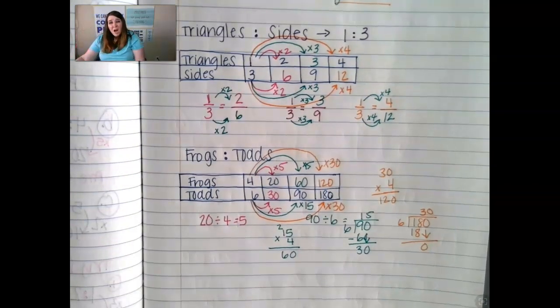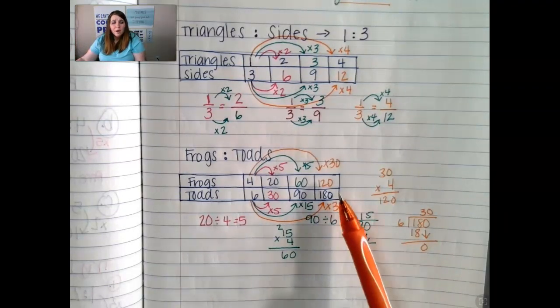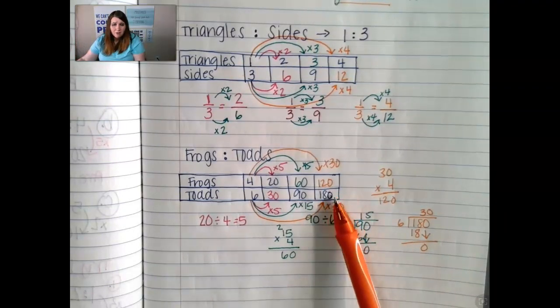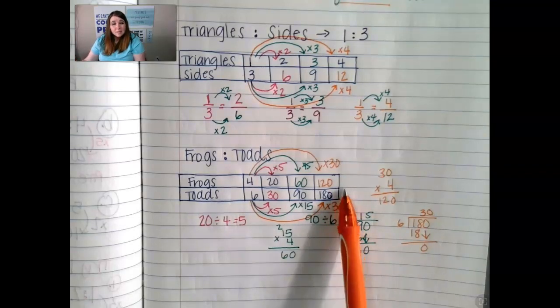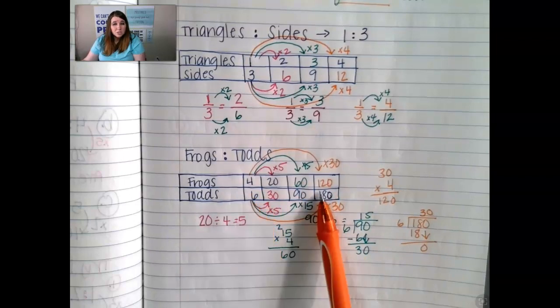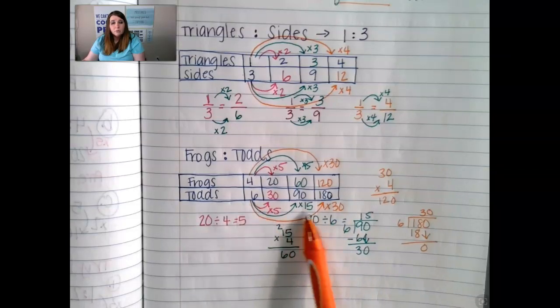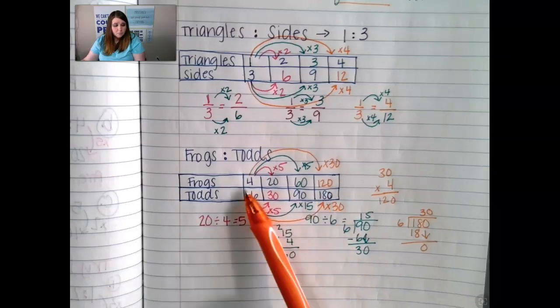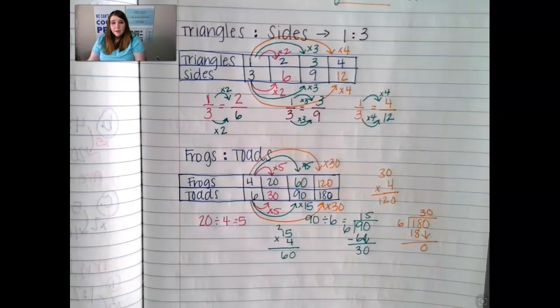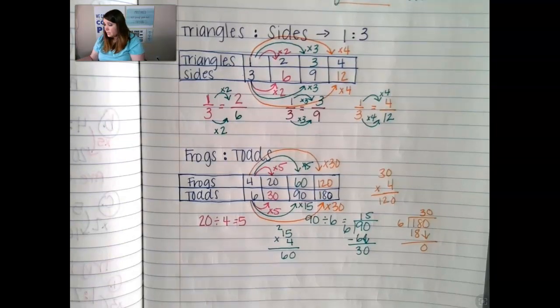So we have 120 toads when we have, or frogs when we have 180 frogs. This table right here helps us keep all of our information organized and allows us to just find equivalent ratios from here to here. Now, I could also just write the ratios for this problem.